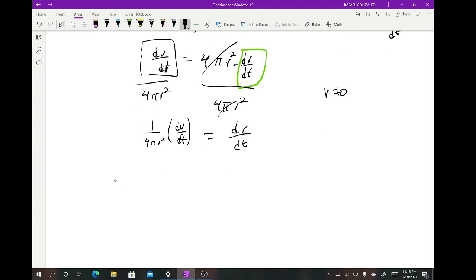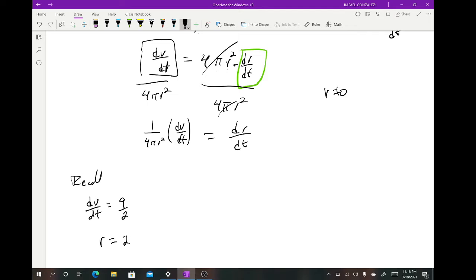Recall from above, we were given dV/dt to be 9/2 cubic feet per minute. And we were told to find dr/dt when r equals 2 feet.